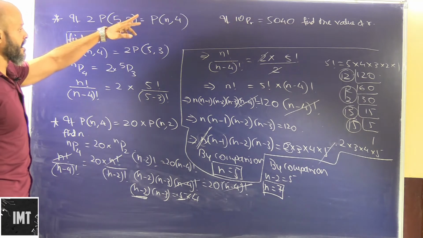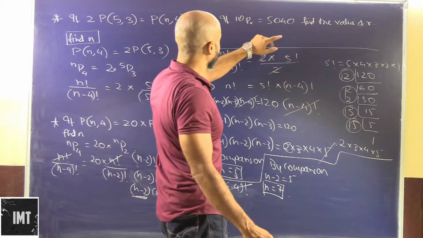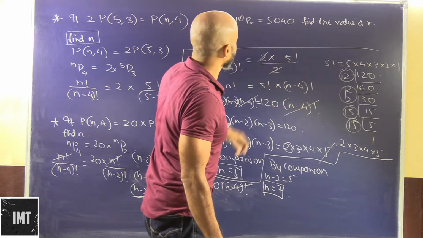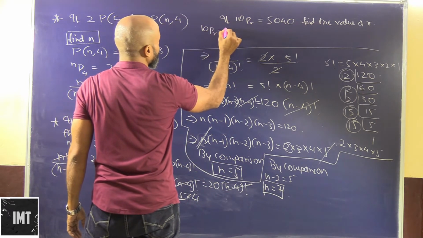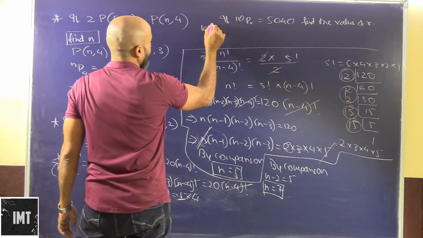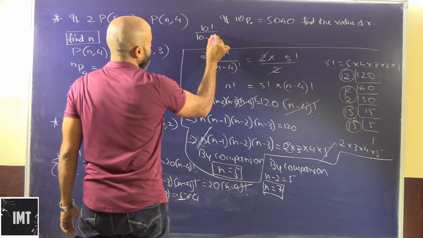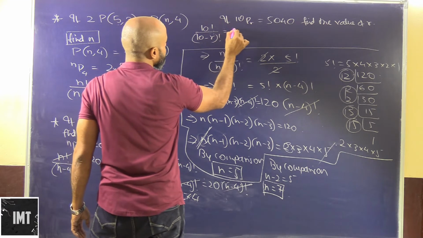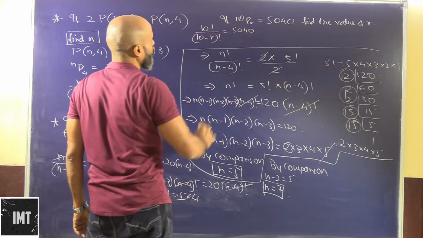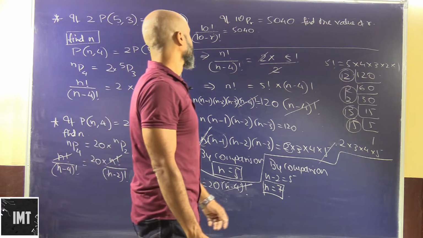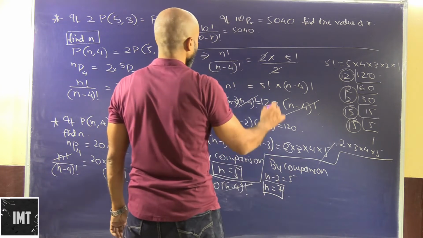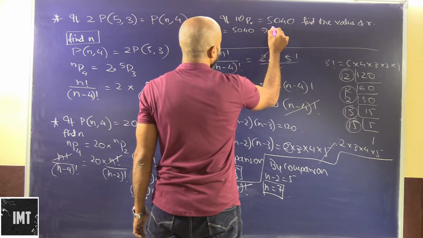Okay, let's see if we can try and manage some space out here for this problem. 10PR is equal to 5040. That means factorial 10 upon 10 minus r factorial is equal to 5040. Okay, factorial 10.